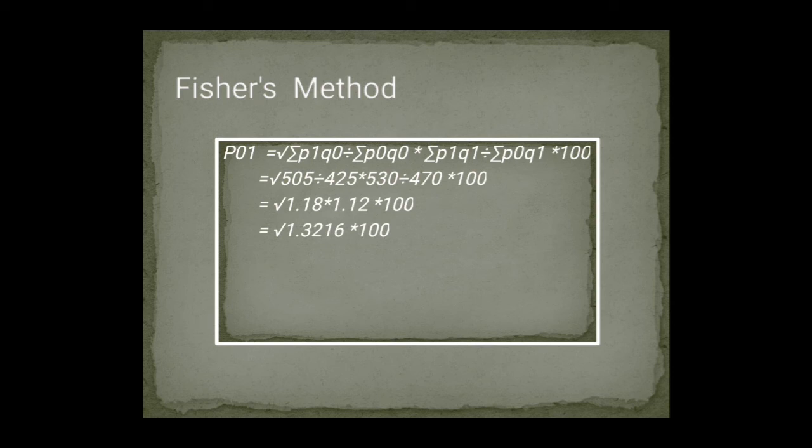So 1.18 into 1.12 into 100. 1.18 into 1.12 is nothing but 1.32. If we multiply Lapierre's and Pasteur's method, we get the same answer, that is 1.32. We have to find the root first. So what is root of 1.32? It is 1.149. At last we have to multiply it with 100. We get 114.90.